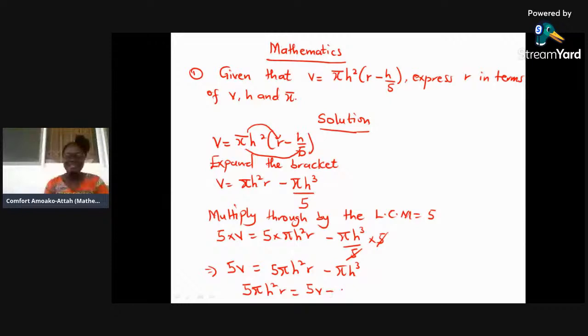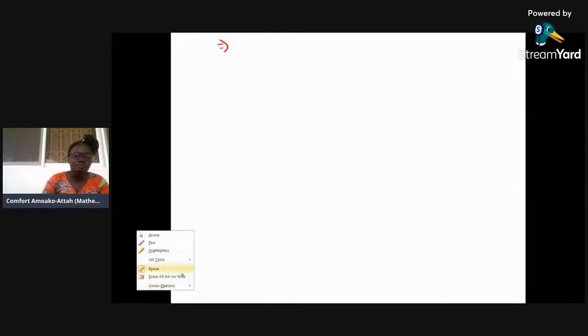So we have our equation as 5 pi h squared r equals 5V plus pi h cubed.